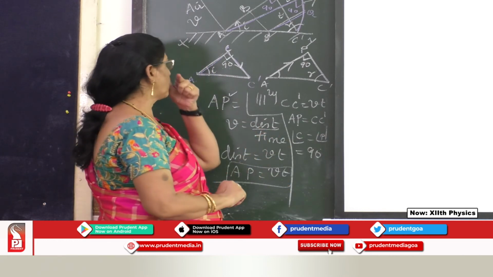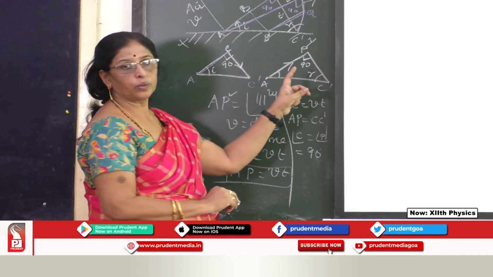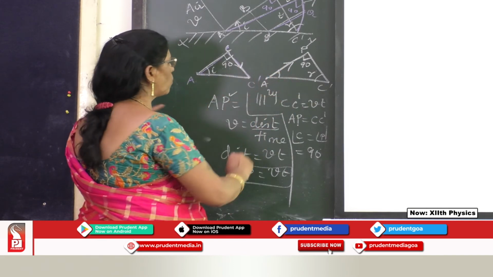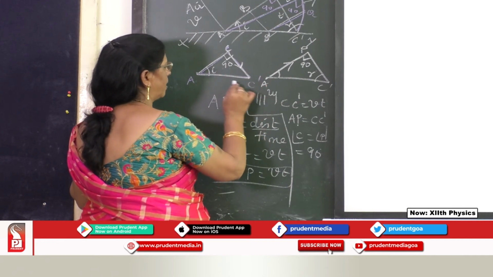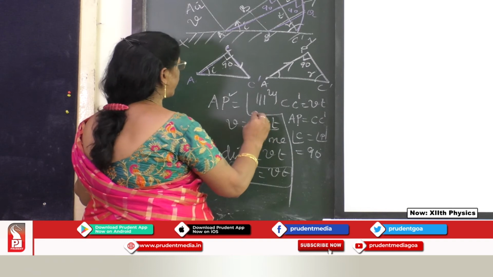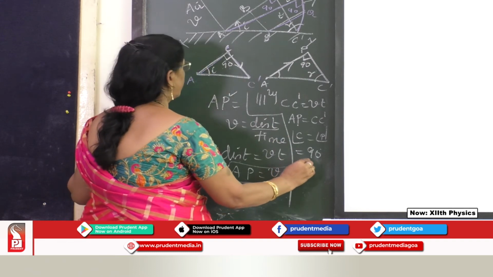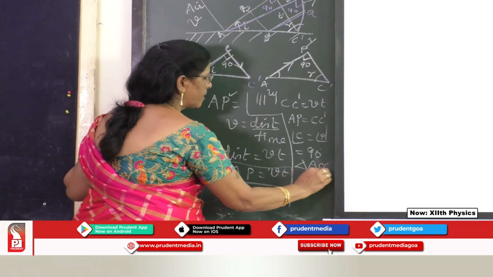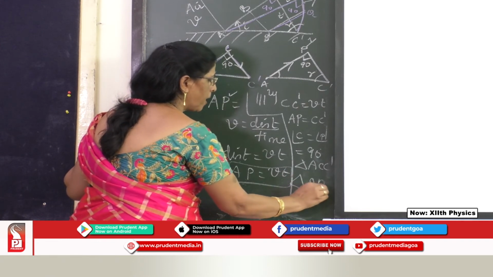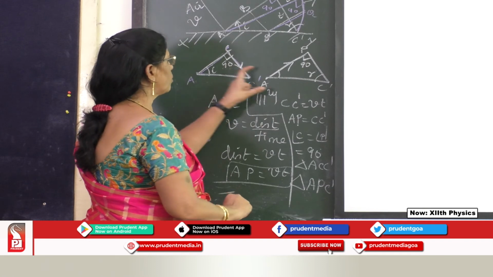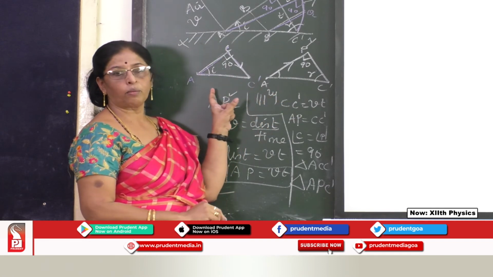Now, the triangle ACC dash and the triangle APC dash both have the same common side.